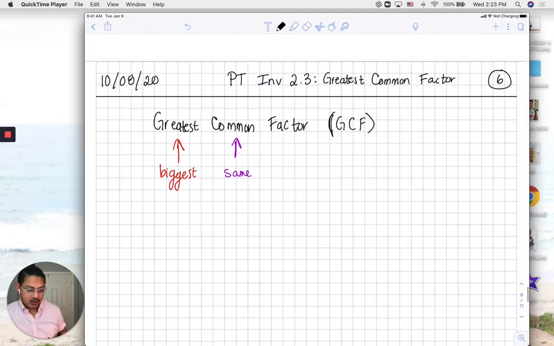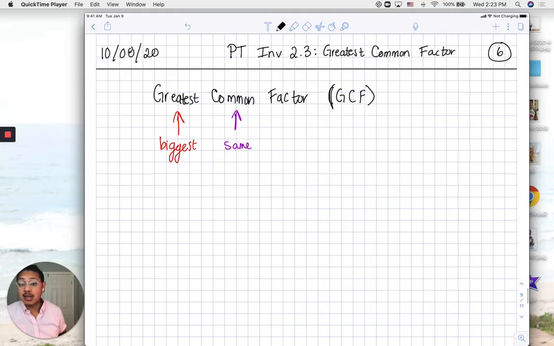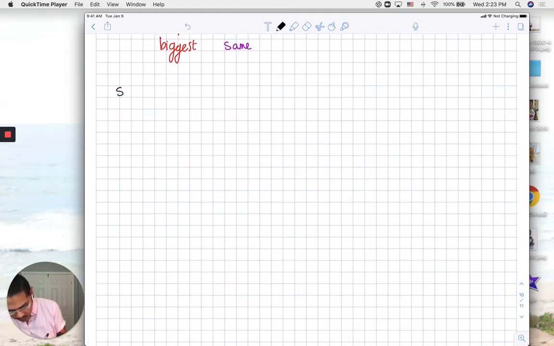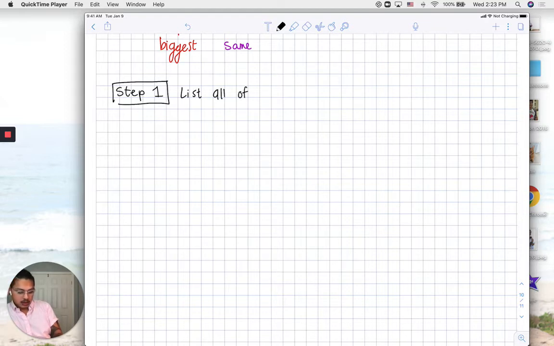Okay? Now, just like the least common multiple, the greatest common factor requires 3 steps to complete. So we're going to go ahead and write those down. Step 1. You're going to list all of the factors for each number.